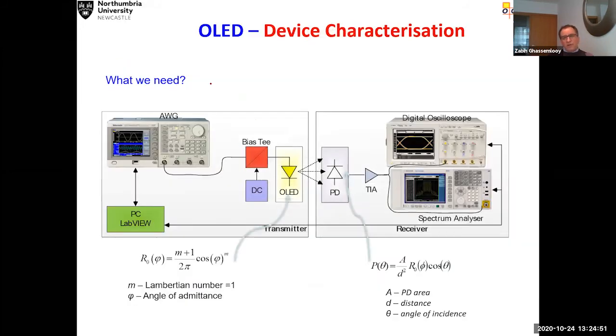So if we have these devices, what do we do with them first? Of course, if you are new to this area, the first thing you need is to characterize your antennas. Let's say you have an OLED transmitter and an OLED photodetector. These are the standard tools you will need for characterization of your device.